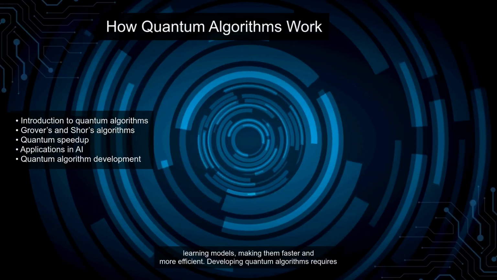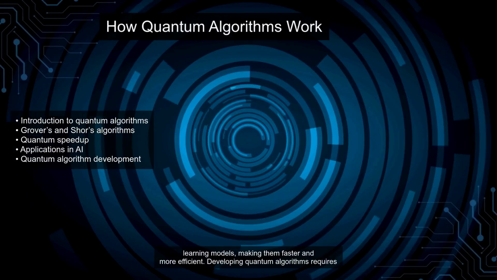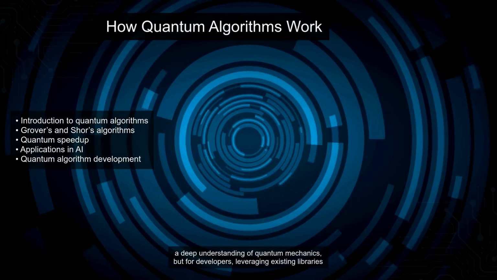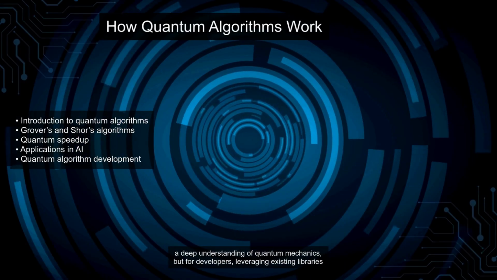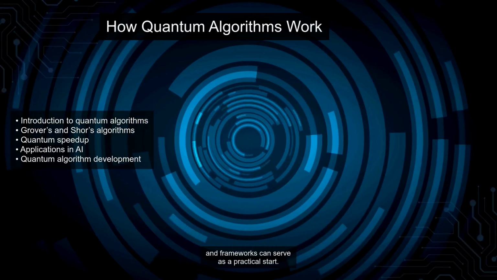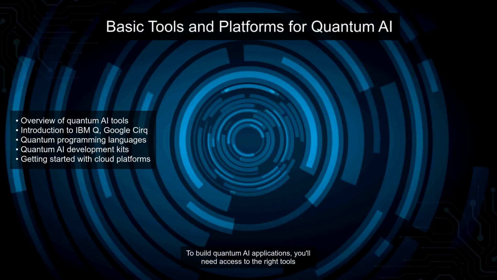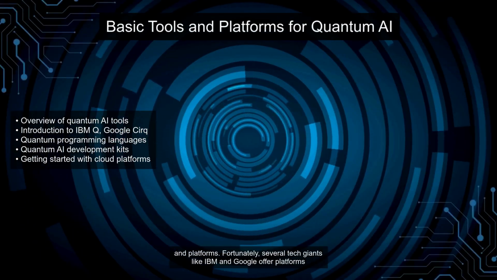Quantum AI uses these algorithms to enhance machine learning models, making them faster and more efficient. Developing quantum algorithms requires a deep understanding of quantum mechanics, but for developers, leveraging existing libraries and frameworks can serve as a practical start. To build quantum AI applications, you'll need access to the right tools and platforms.